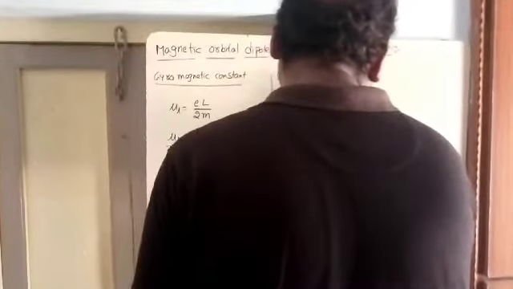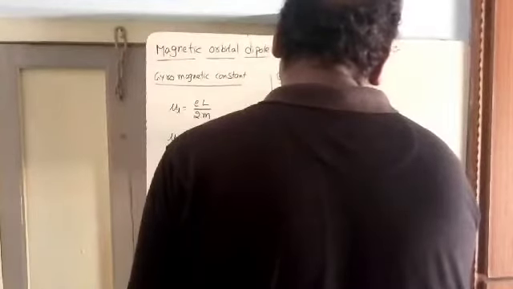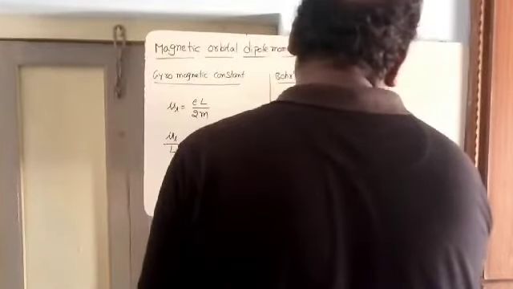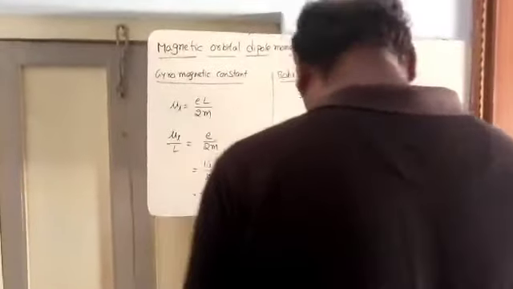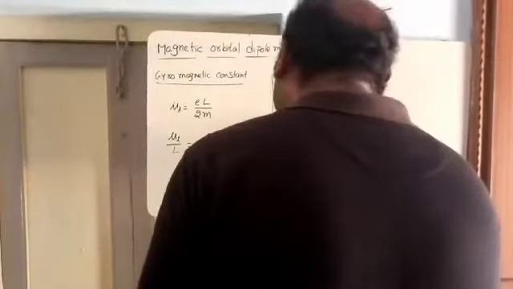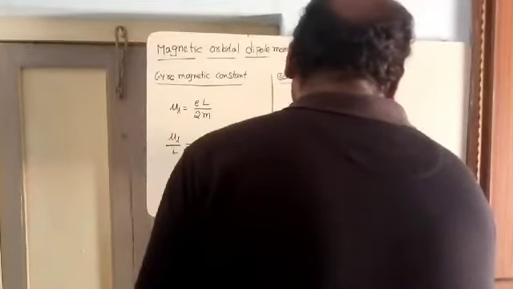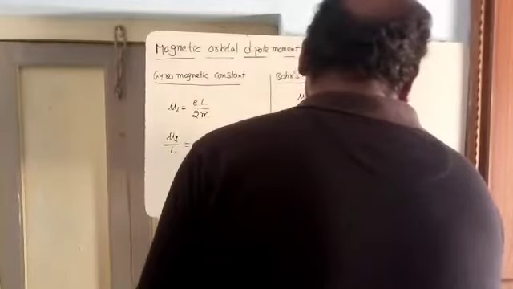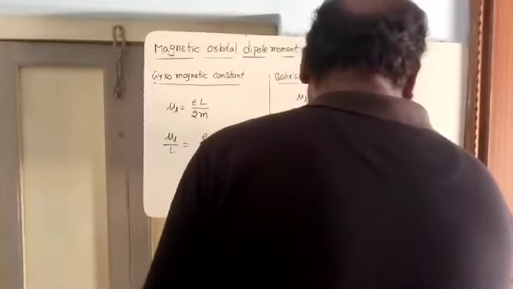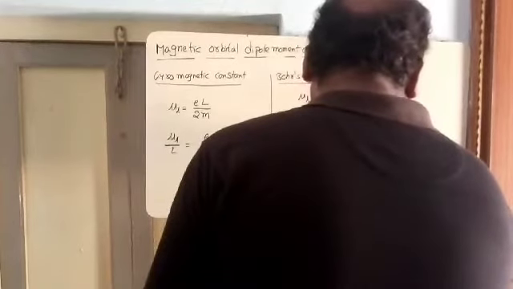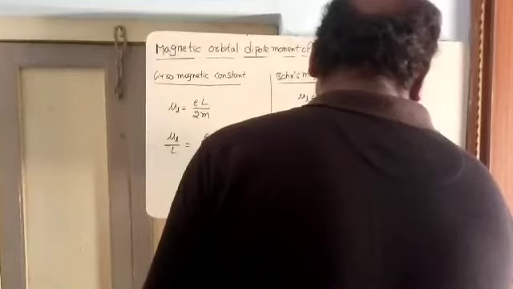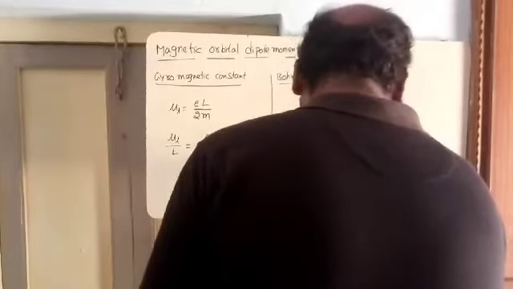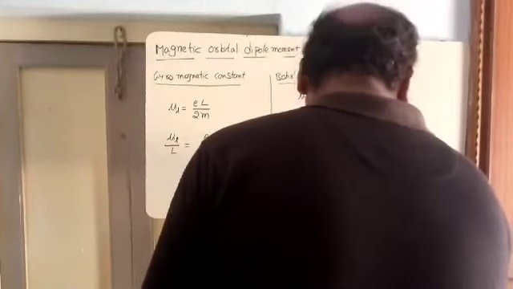And similarly here mu L is equal to eL by 2m, or e by 2m into L, and L is nothing but nh by 2 pi, and h stands for 6.6 into 10 to the power of minus 34, and e stands for 1.6 into 10 to the power of minus 19 by 2 into mass 9.1 into 10 to the power of minus 31 into n is 1 into h, 6.6 into 10 to the power of minus 34 by 2 into pi value 3.14, and finally I can get 9.27 into 10 to the power of minus 24 ampere meter square.